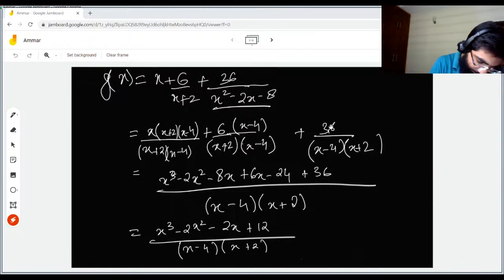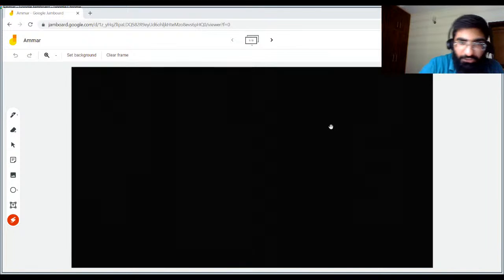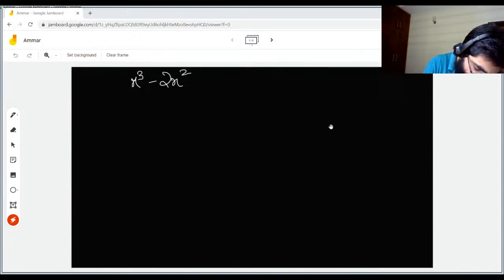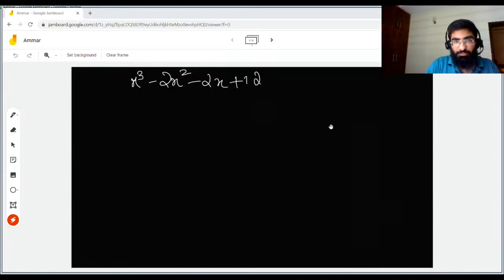So the complete term is x cubed minus 2x squared minus 2x plus 12. To check whether x plus 2 is a factor or not, I put x equal to minus 2.